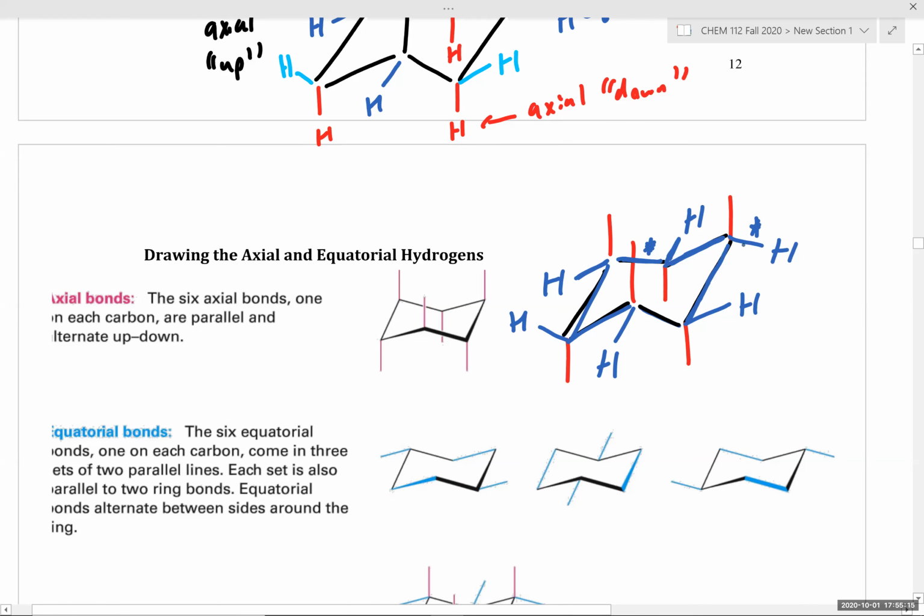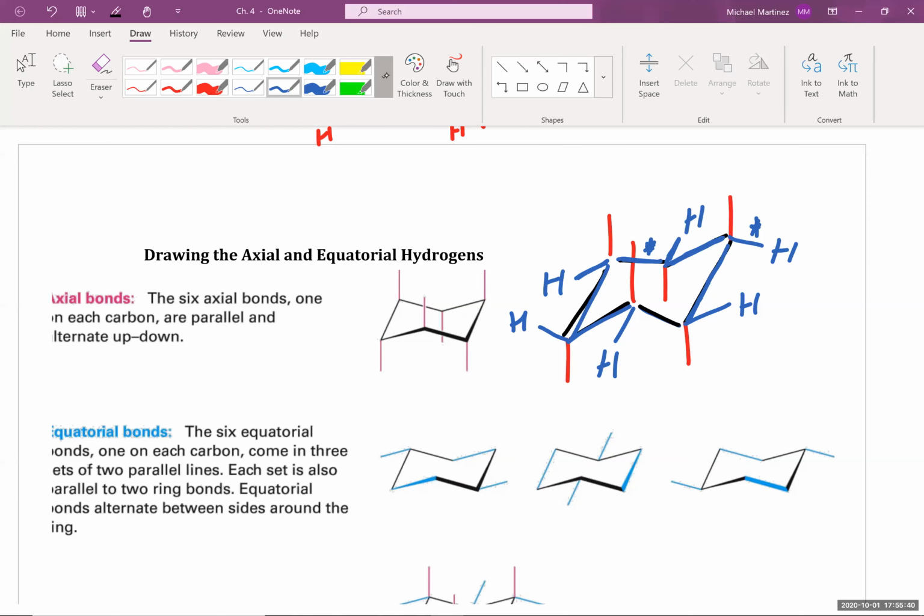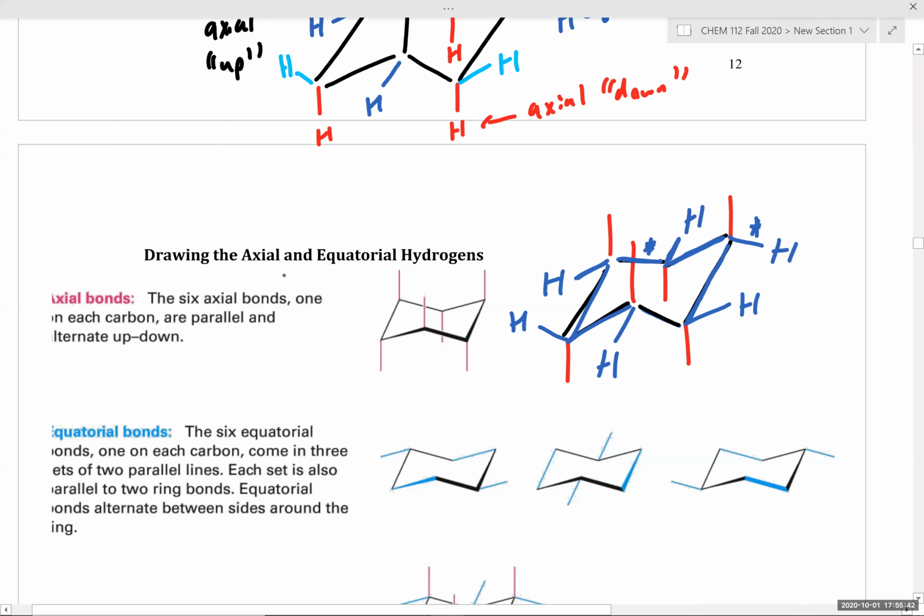This process respects the relative stereochemistry of each of our substituents, and it ensures that we have the proper number of substituents or hydrogens on the top and bottom face of our cyclohexane. Any questions on this idea? So again, this is another thing that you want to practice, as we'll be drawing a lot of cyclohexanes in this chapter.